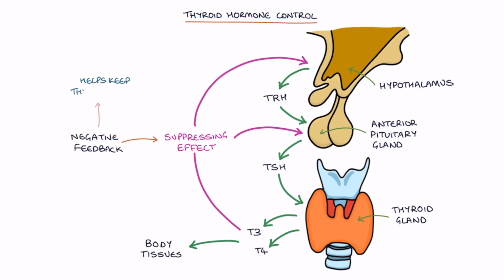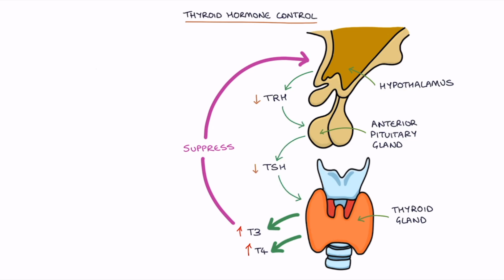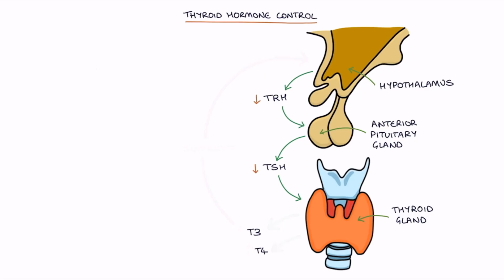This helps to keep the thyroid hormone levels within normal limits and relatively stable over time. When the levels of T3 and T4 get a bit too high, they suppress TRH and TSH. The lower levels of TRH and TSH result in less thyroid stimulation and therefore less T3 and T4, which brings the T3 and T4 levels back down.